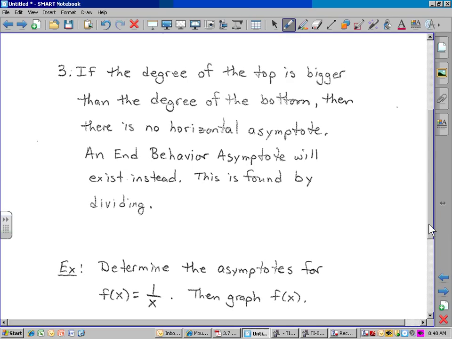And in some special cases, we could use synthetic. But in most cases, we'll be using long division. We'll probably, instead of studying all end behavior asymptotes, focus on a very specific one, and that's called a slant asymptote, which we'll get to later on after we get through a couple examples.